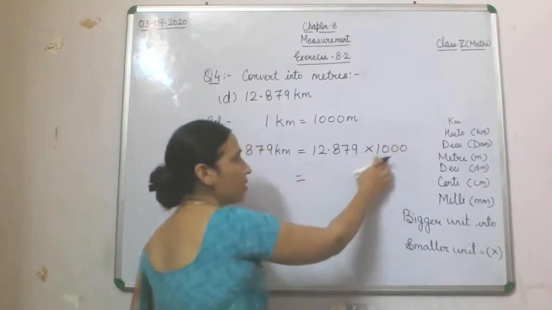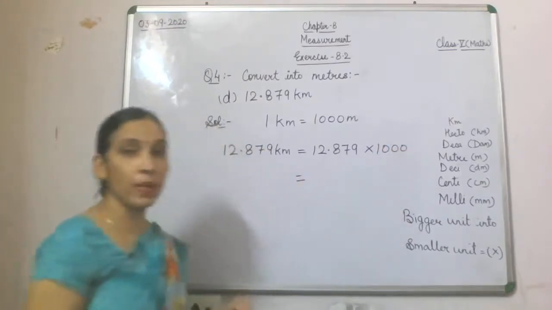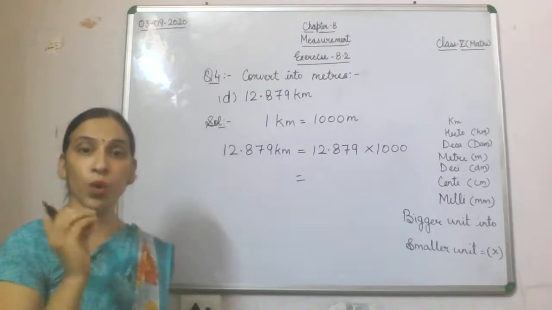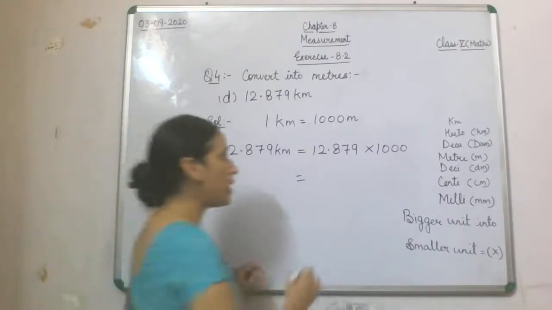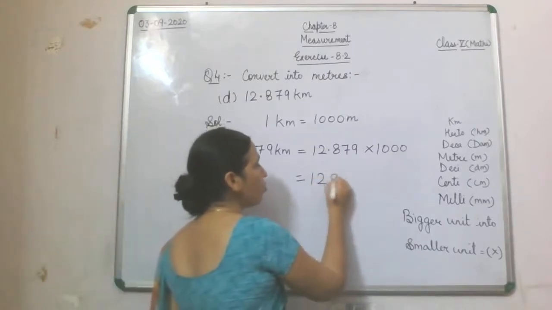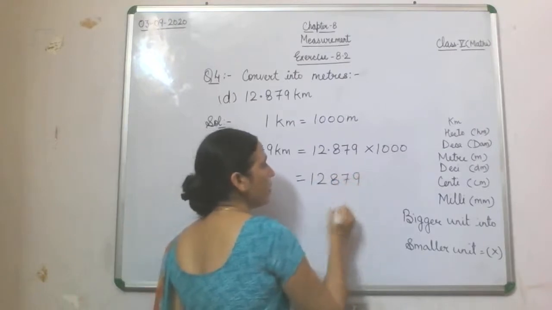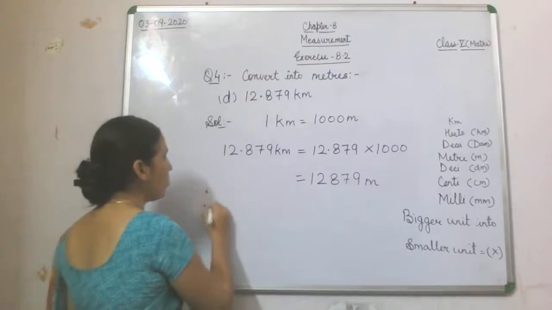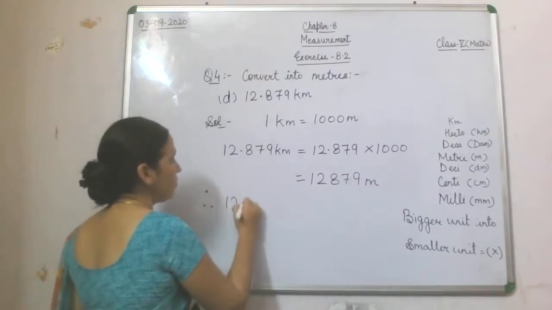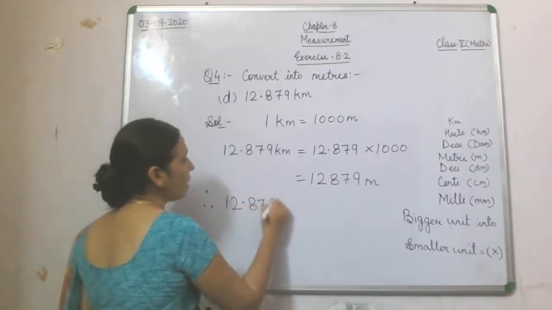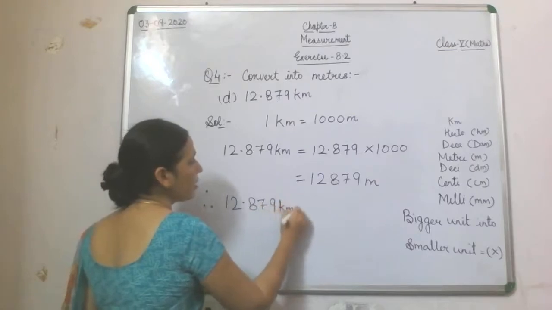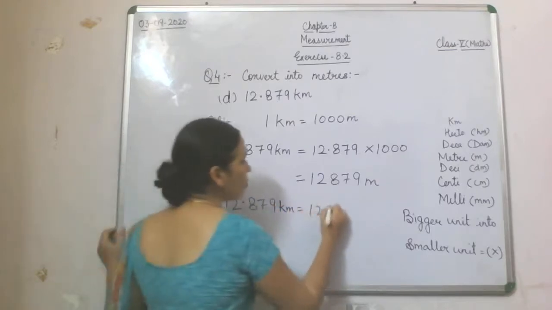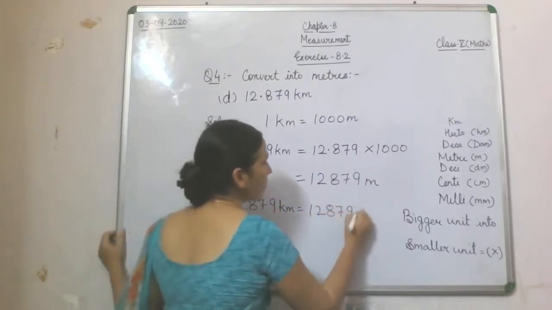Now 1000 means we require 3 decimal places. In the question we already have 3 decimal places. So we'll write 12879 meter. And then we will write the answer: therefore, 12.879 kilometer is equal to 12879 meter.